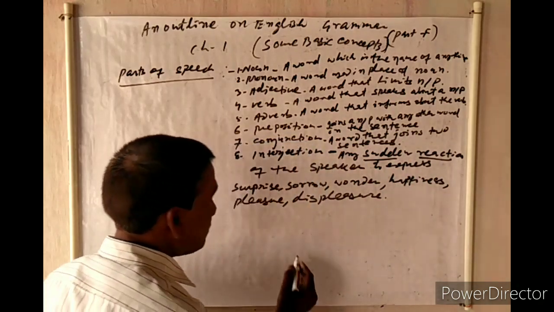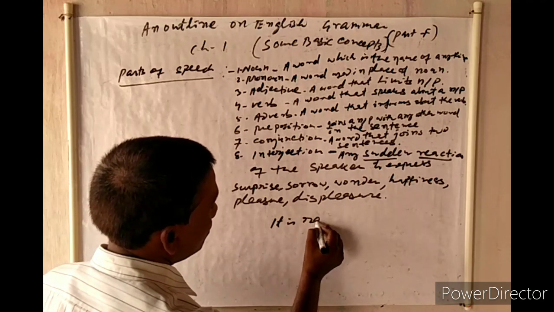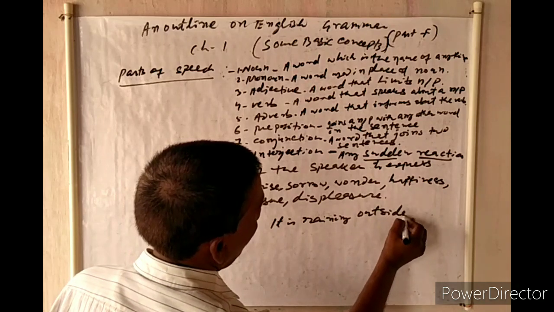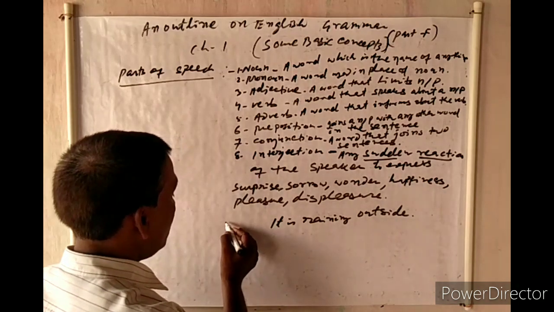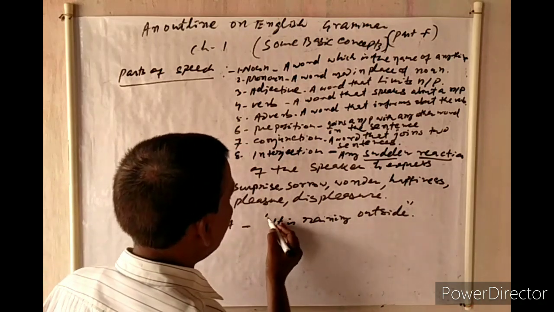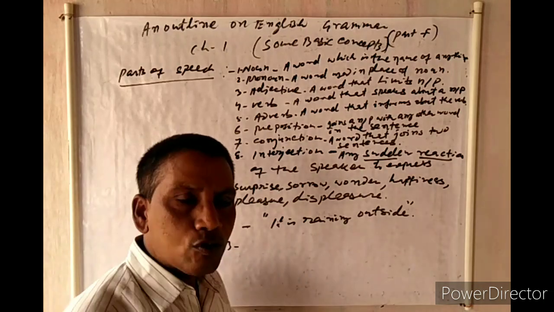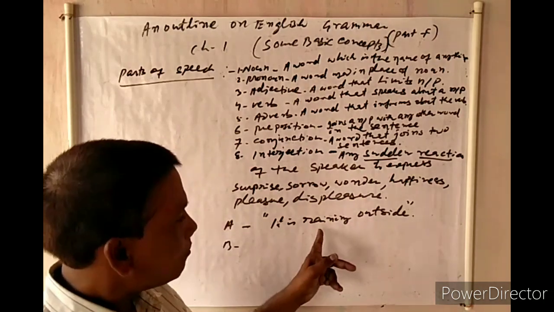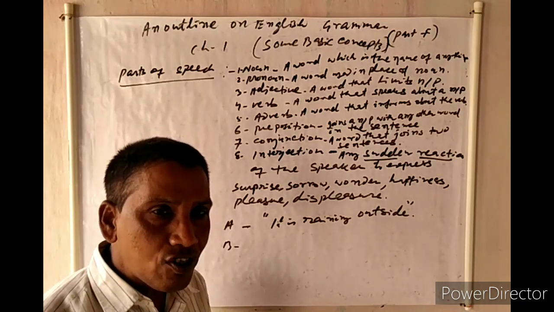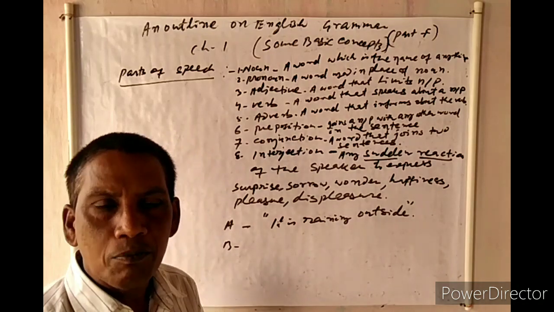Suppose A says, it is raining outside. And B was not expecting to listen to this sentence, because B was in such a situation that for him to expect it might be raining outside was simply not possible.